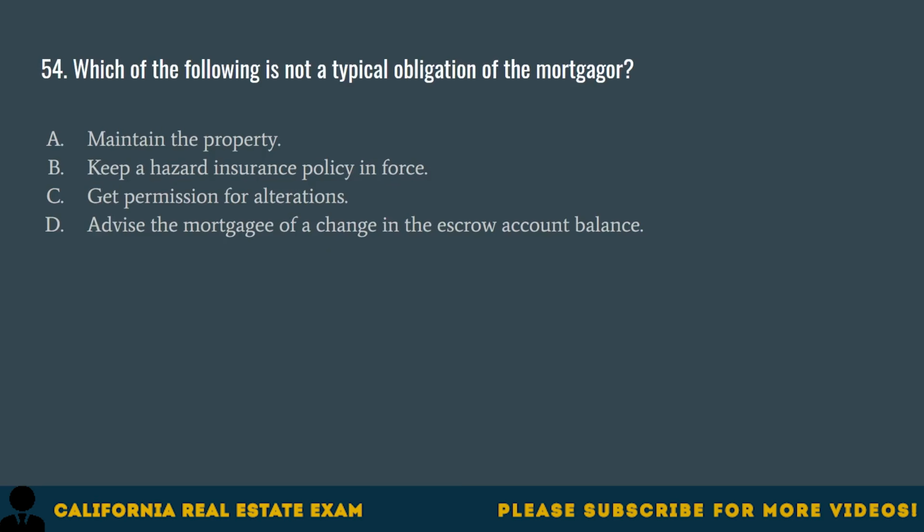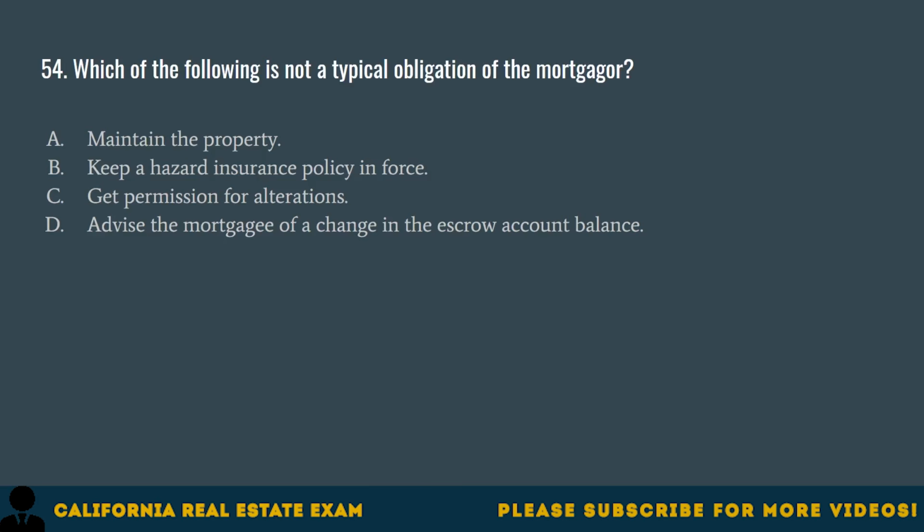Question 54. Which of the following is not a typical obligation of the mortgagor? A. Maintain the property. B. Keep a hazard insurance policy in force. C. Get permission for alterations. D. Advise the mortgagee of a change in the escrow account balance.